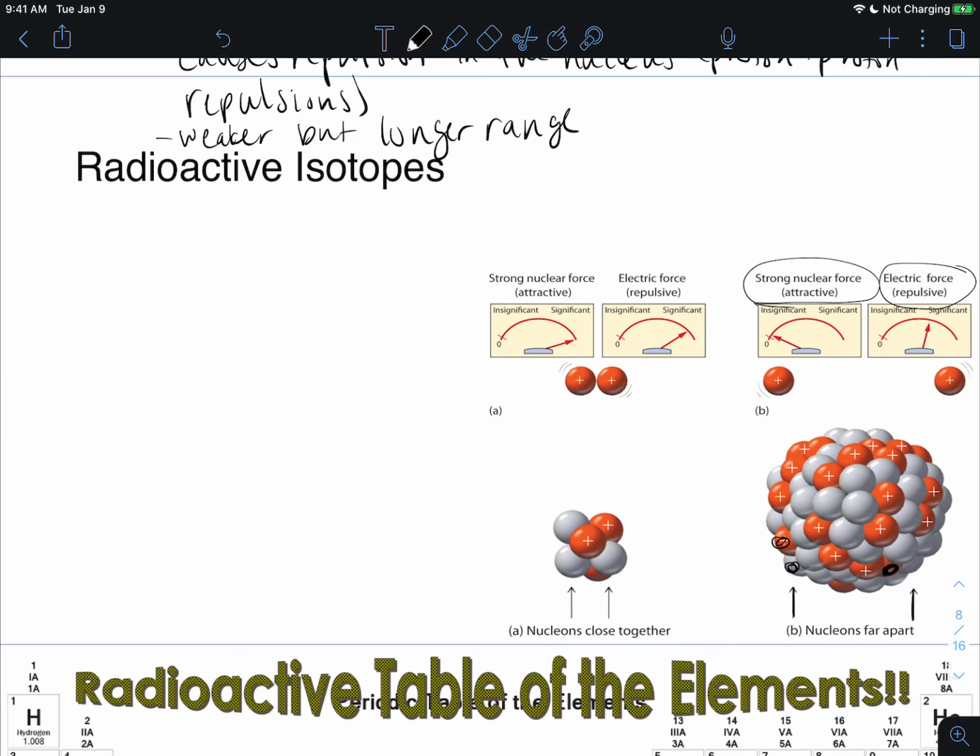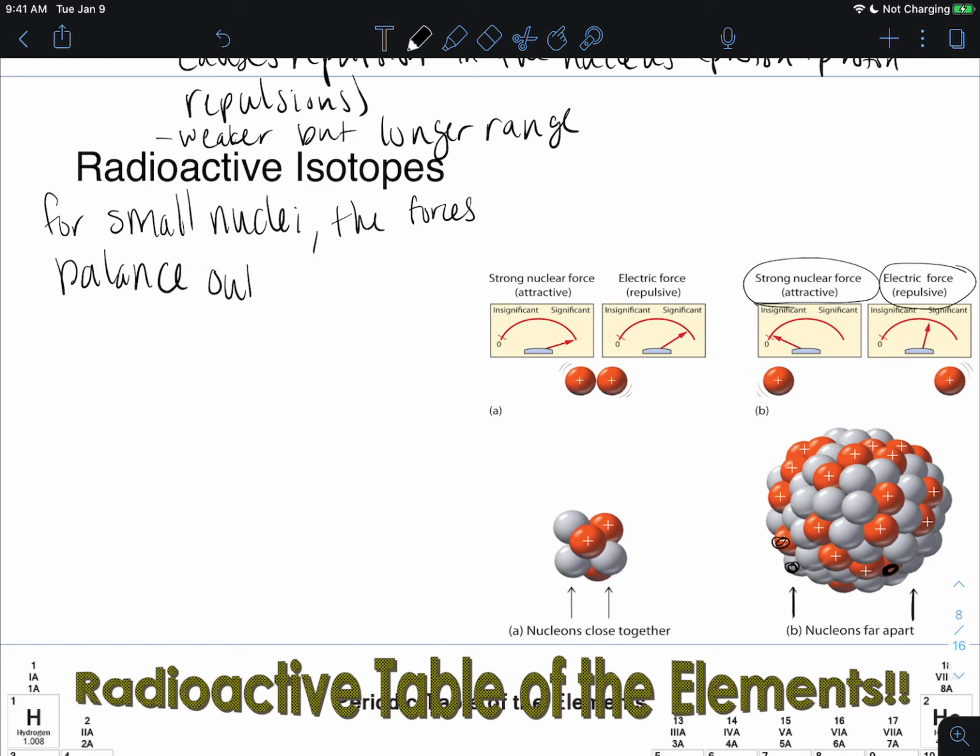So for smaller nuclei, the forces balance out, and we have a stable nucleus.